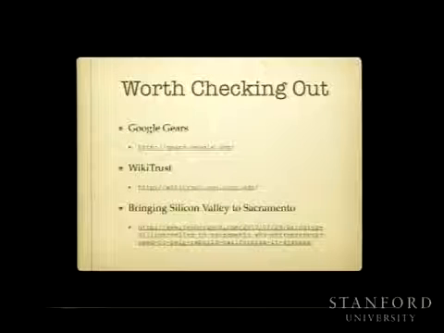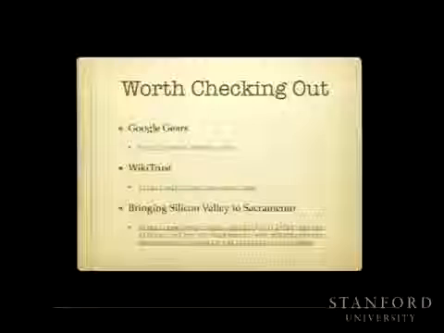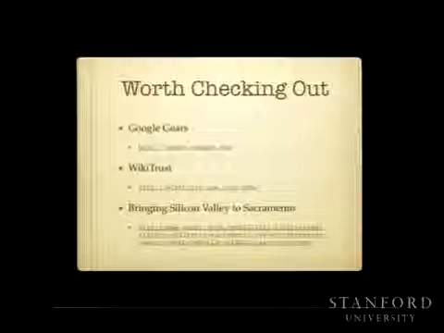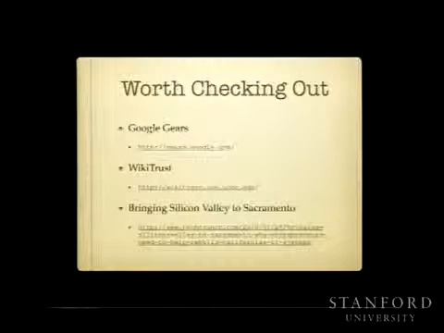So we talked a bit about Google Gears. Wikitrust is an interesting site to look at issues around whether the edits on Wikipedia are trustworthy or not. They've actually launched full-fledged with Wikipedia the Italian language version.